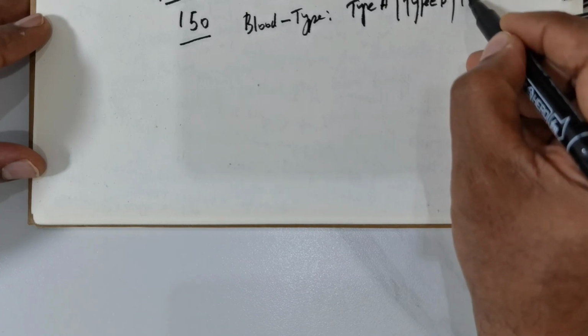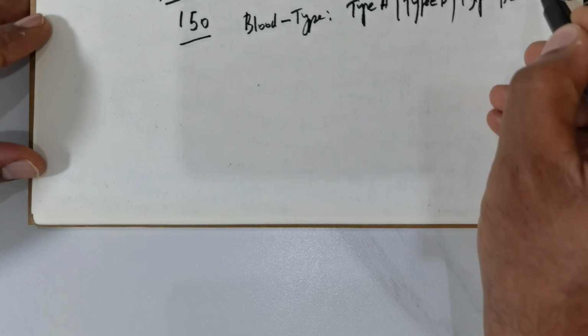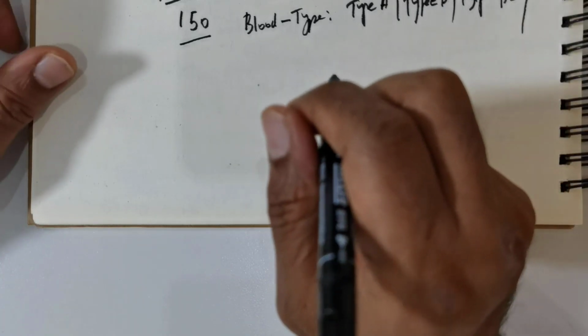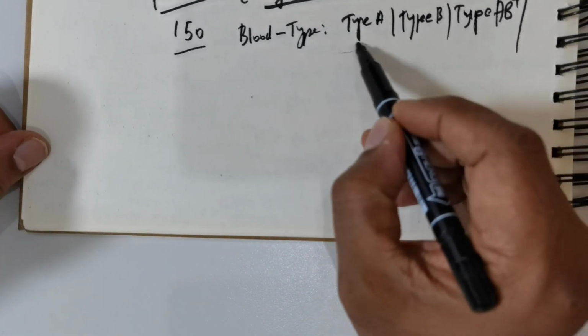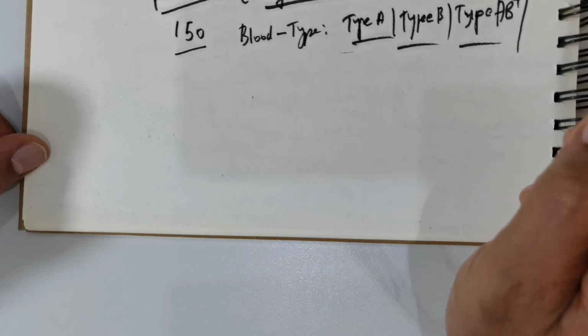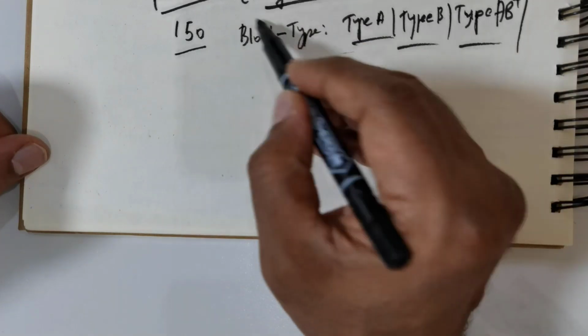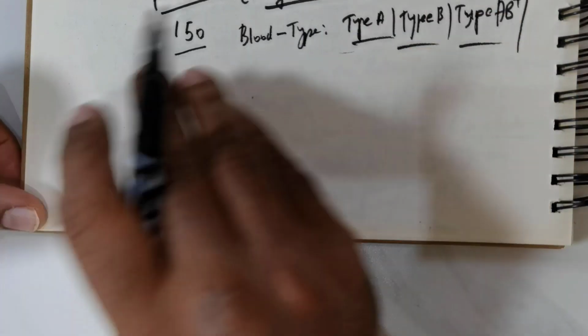It can be type A, type B, type AB, AB positive, AB negative, and so on and so forth. I hope you got that. That is one of the illustrations for a categorical variable.